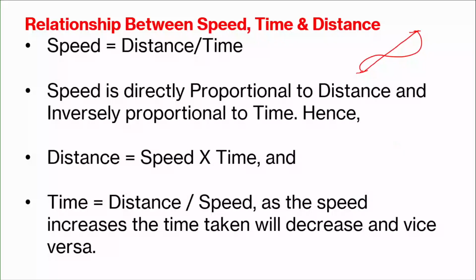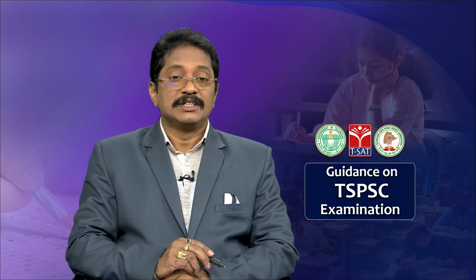Speed is the ratio of distance to time, distance by time. Generally speed is a scalar. Already I said there are two physical quantities, one called vector, another called scalar.